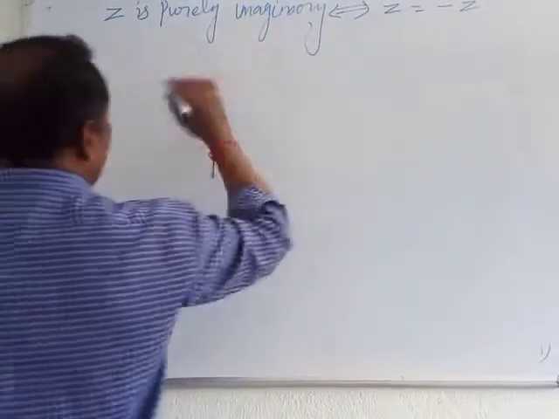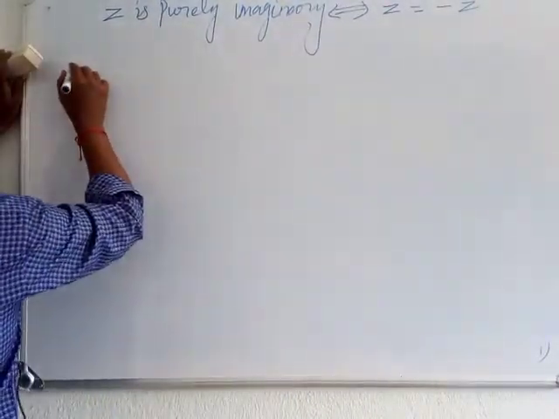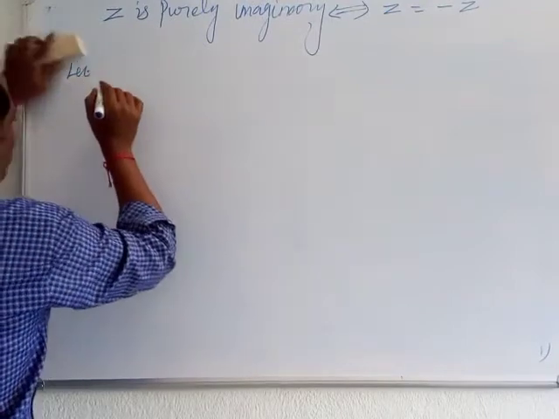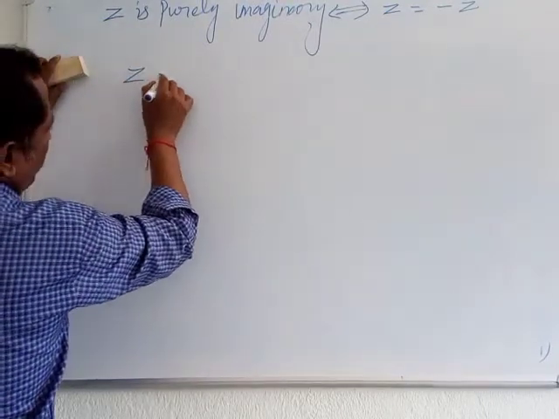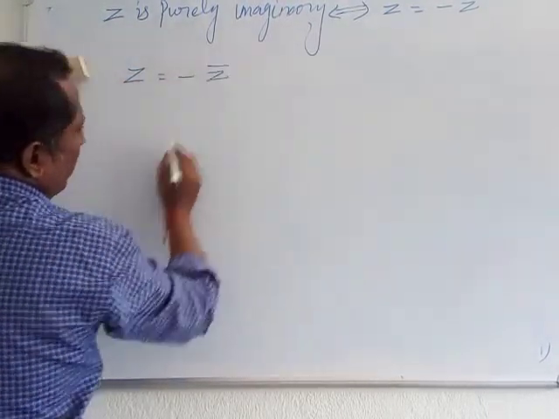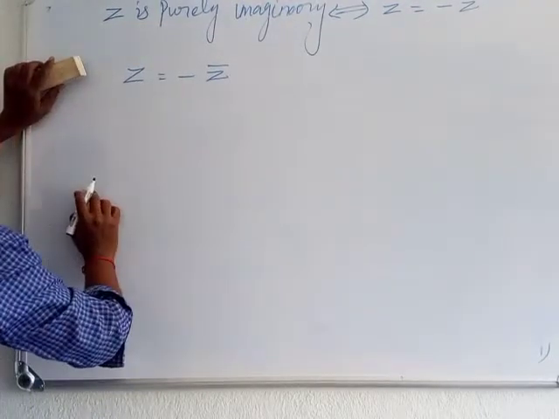I have to take the reverse process first. Z is equal to minus z bar. You have to prove z is purely imaginary.